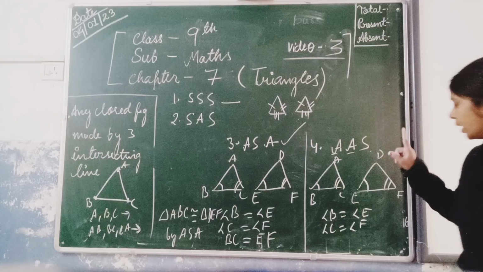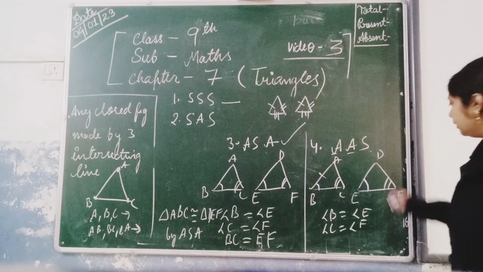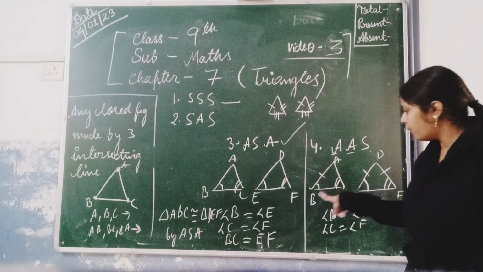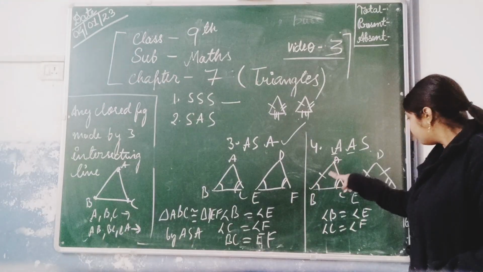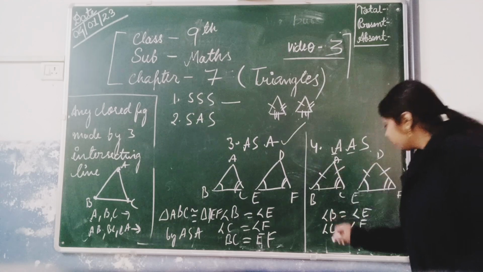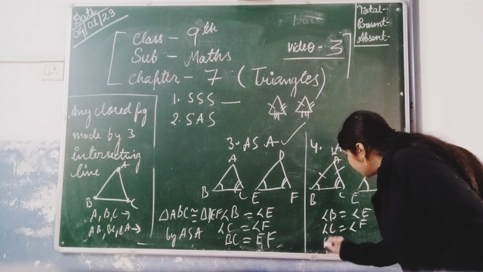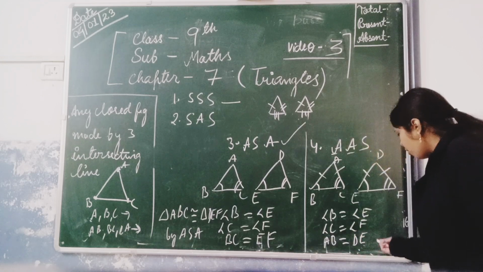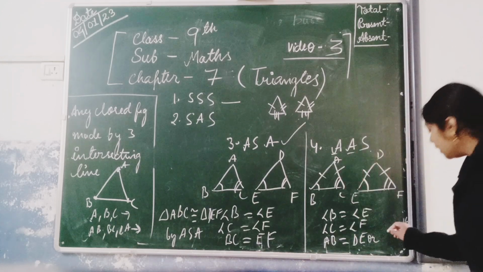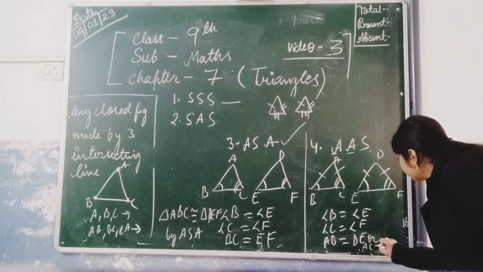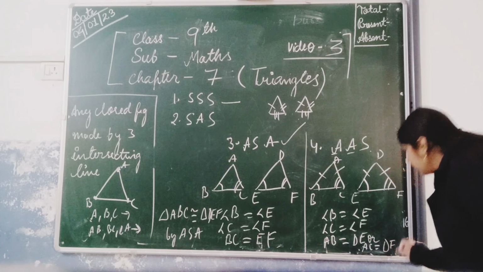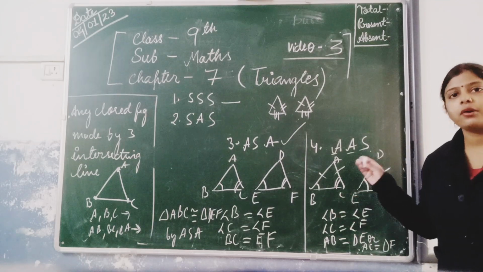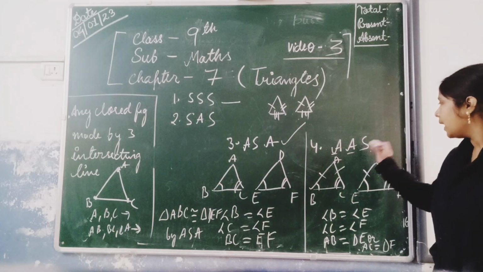Here the side can be either this one or this one, not the included side but the corresponding side that should be equal. So either AB is equal to DE or AC is equal to DF. Then we will say that the two triangles are congruent by angle, angle, side.